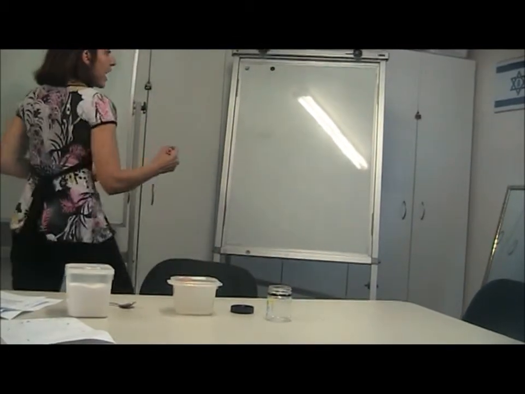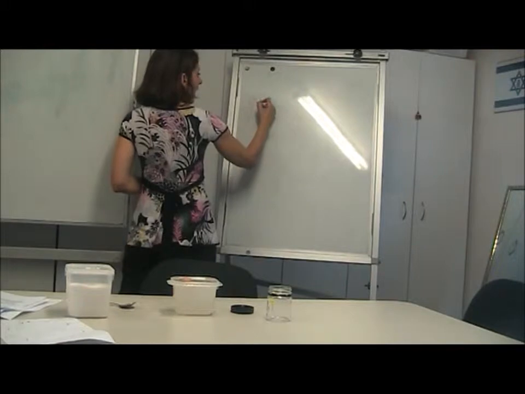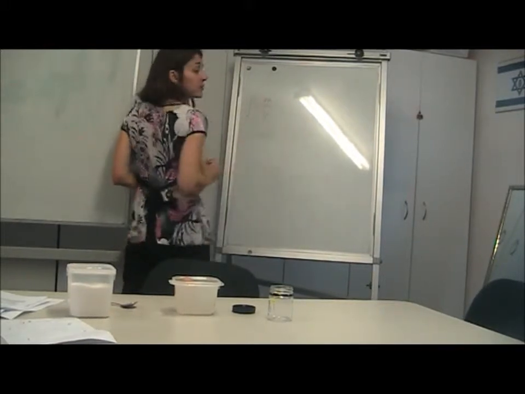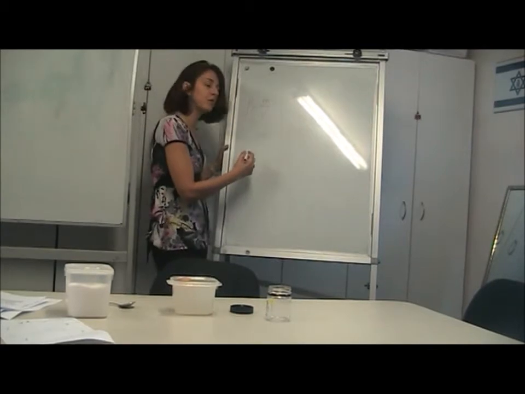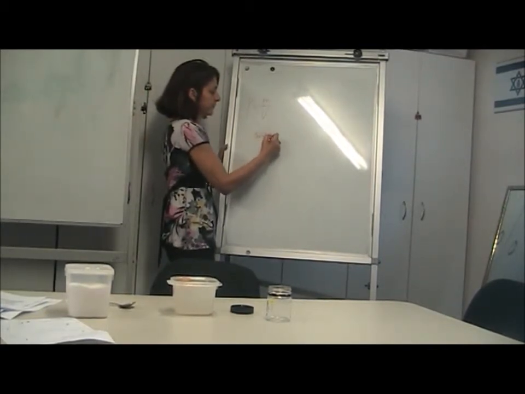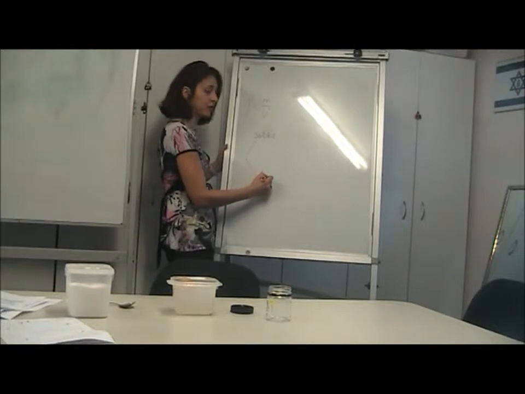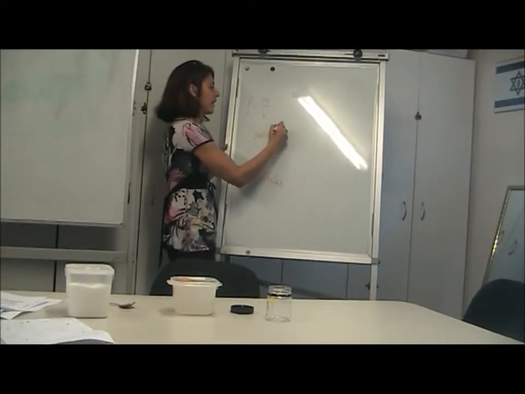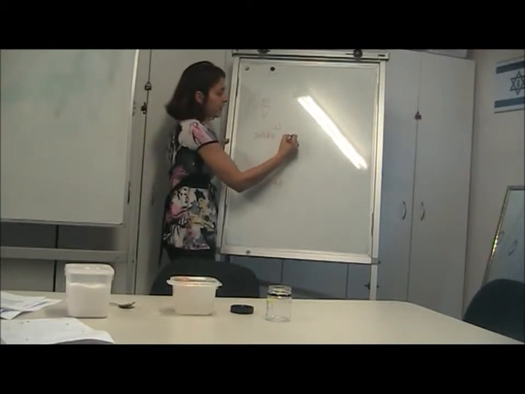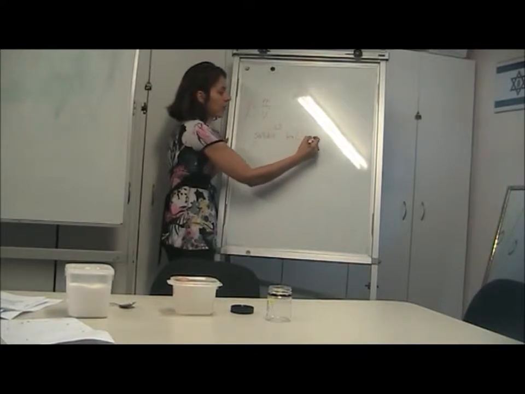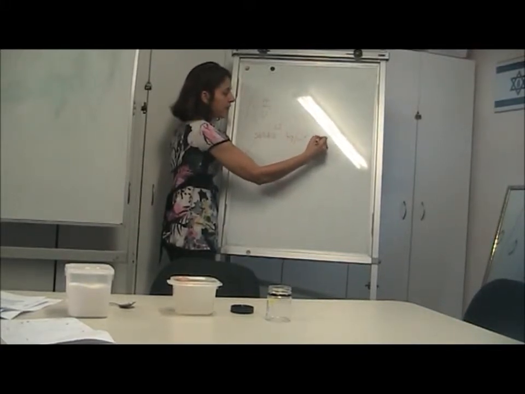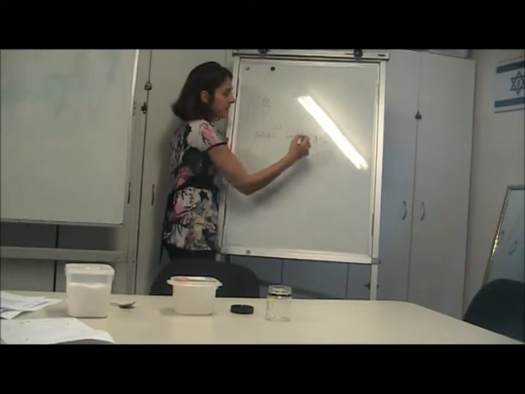And what is actually density? It's the measure of how much mass in a volume. So the units that we use differ. We would use SI units for solids, so it would be, let's say, a kilogram per cubic meter, or a gram per cubic centimeter.